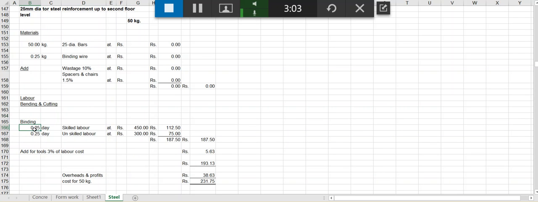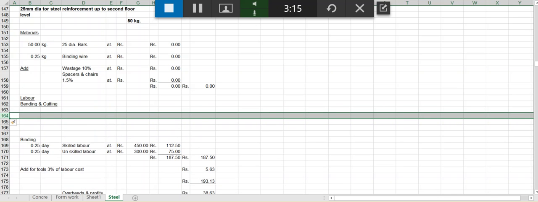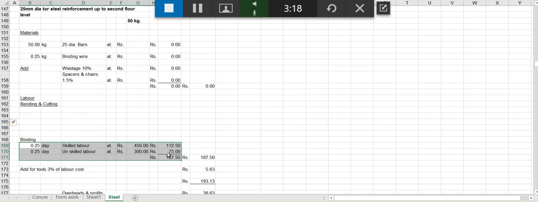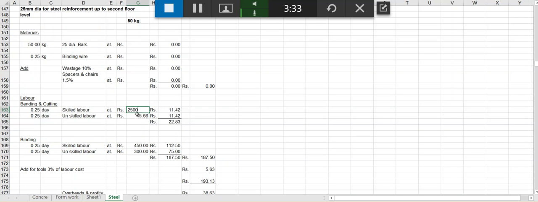When it comes to bending and cutting, I will take the same component, because of the rate that we have for 215, and this is for 50 kg.